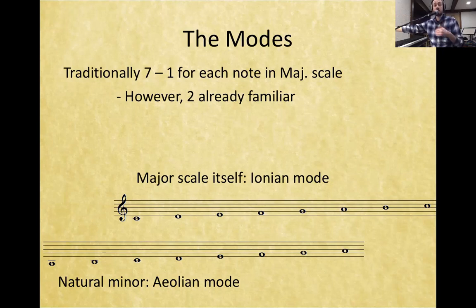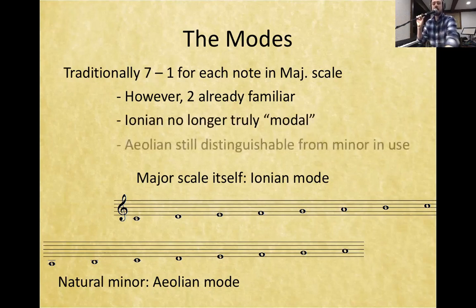They are modes, right? We took the major scale and we made scales out of it. That's a mode. So Aeolian, even though we learned about the natural minor scale in Theory 1, that's still a mode. It doesn't lose its modal status. But we don't really need to spend a lot of time digging down on that. The major scale, we have so many connections with it being used widely. It doesn't really feel modal in the way that these other scales will.